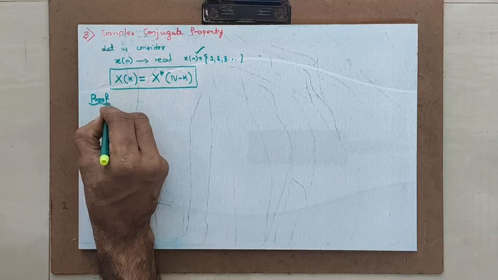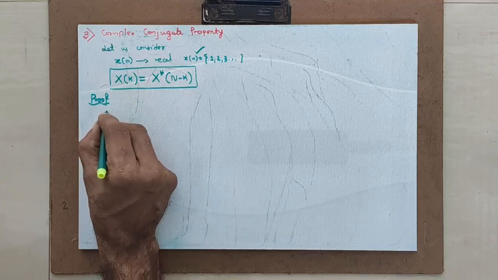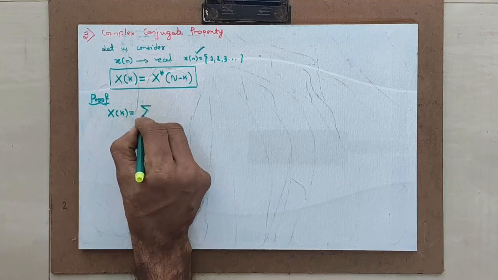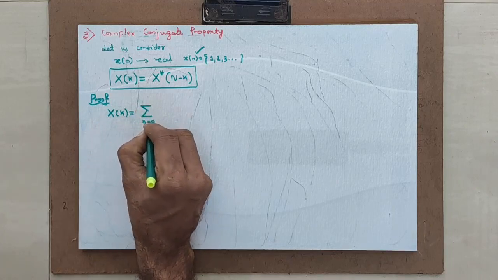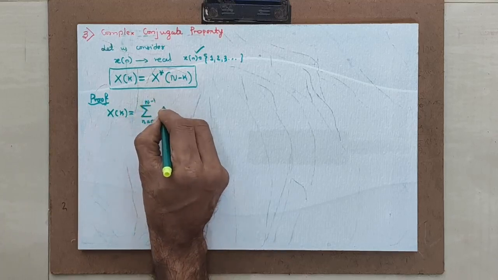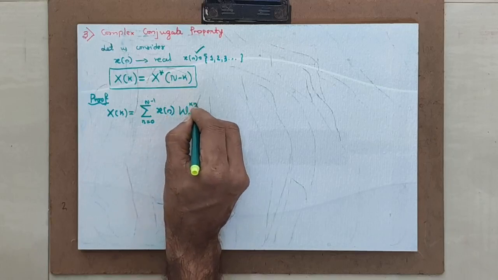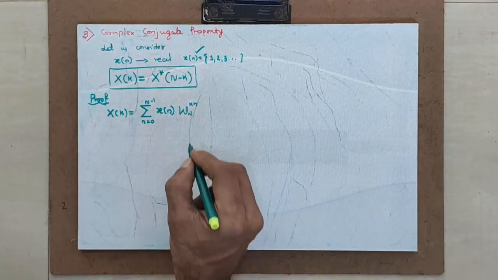Proof. Let us consider the DFT of x of n. That is, x of k is equal to summation n equal to 0 to N minus 1 x of n W_N raised to kn, isn't it?